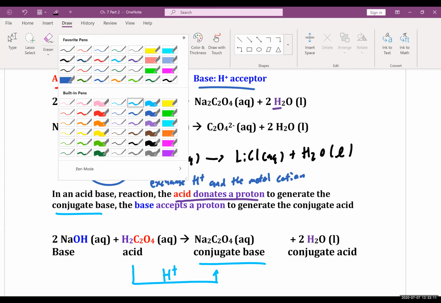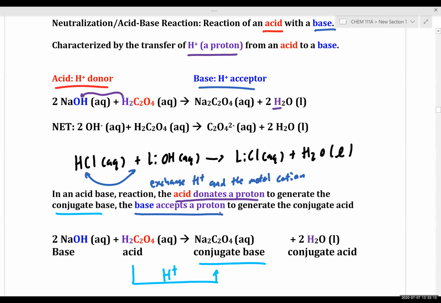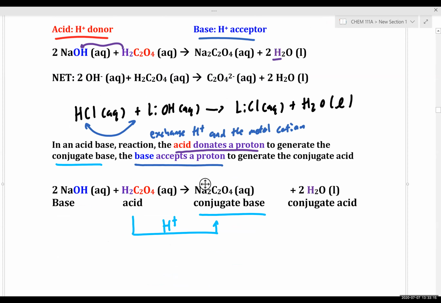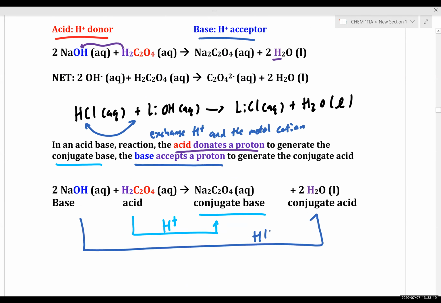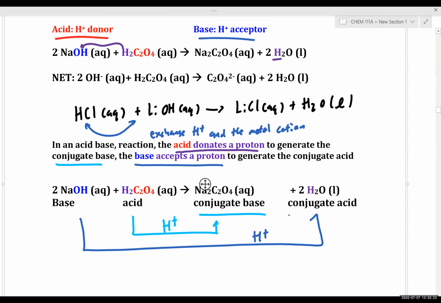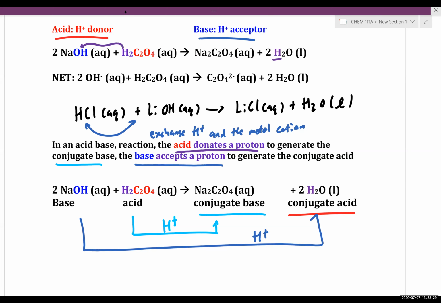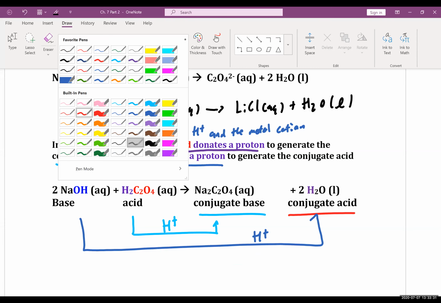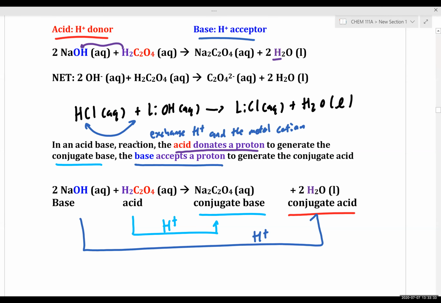Further, the base accepts a proton, the base gains H+, and that in turn generates what is known as the conjugate acid. So fundamentally, acid-base reactions are based on the transfer of H+, the transfer of a proton from the acid to the base.